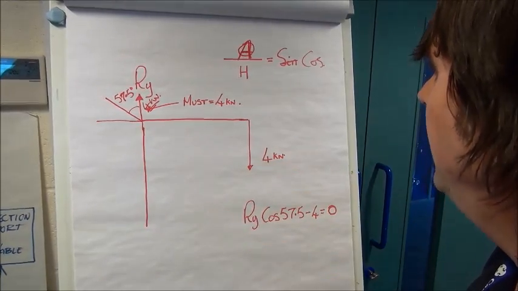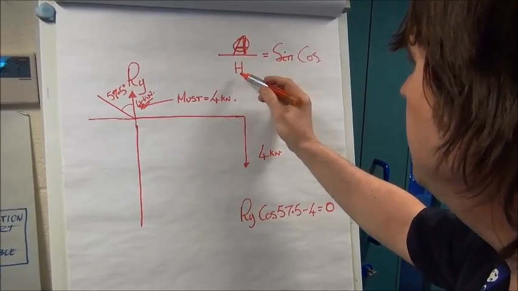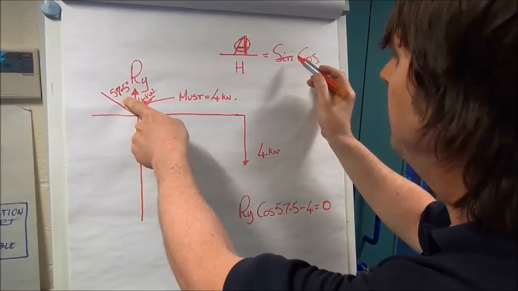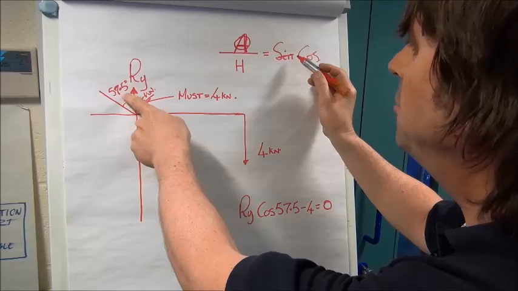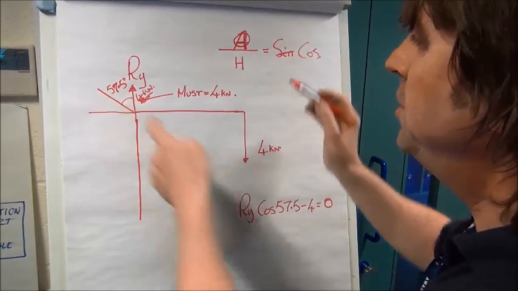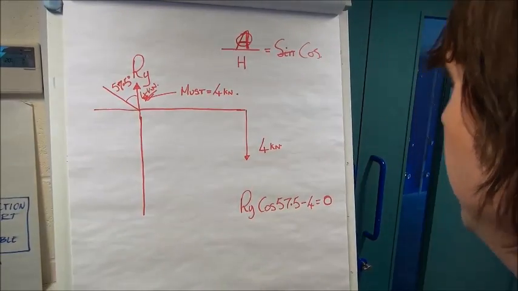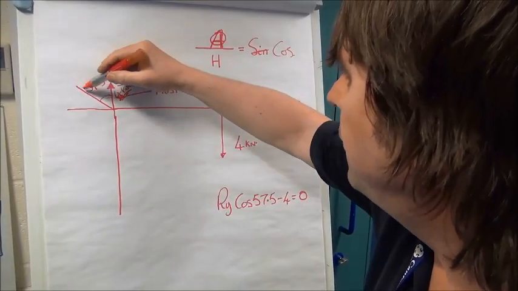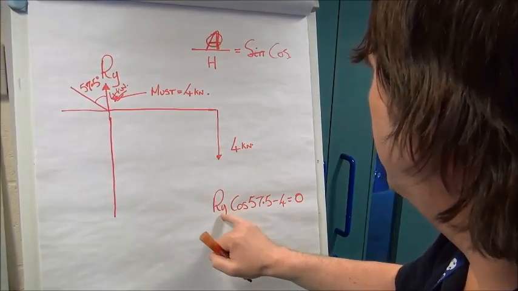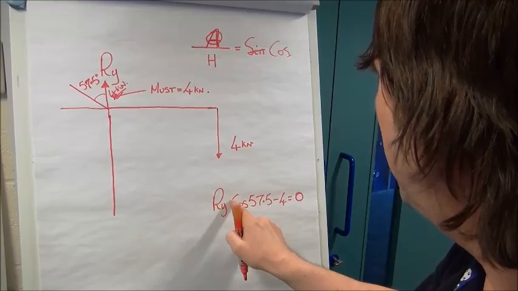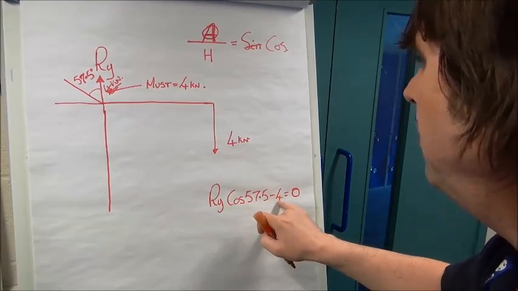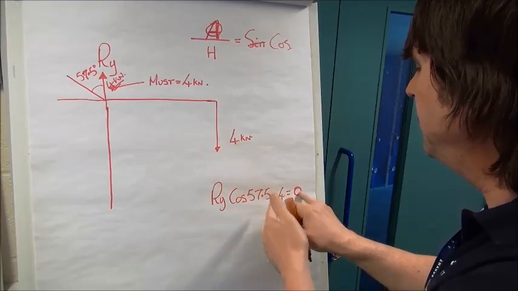We can either take the hypotenuse and multiply it by the cosine of this angle, which is 57.5, or we can multiply it by the sine of this angle, which is 32.5. And I've chosen to do that. So this force here, Ry times the cosine of 57.5, minus 4, this force acting downwards, must equal 0.